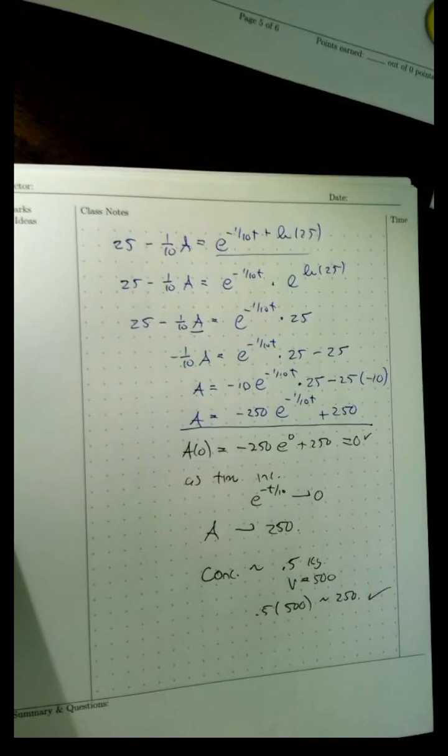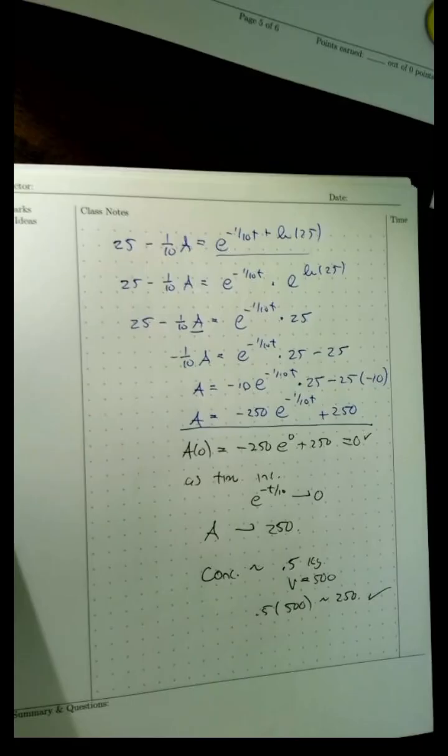And now to integrate this, let's see, if I let u equal 25 minus 1/10 A, du is going to be minus 1/10 dA/dt dt, right? So there's my dA/dt, but I'm off by a minus 1/10. So I had this integral, 1 over 25 minus 1/10 A dA/dt equal to the integral of dt.